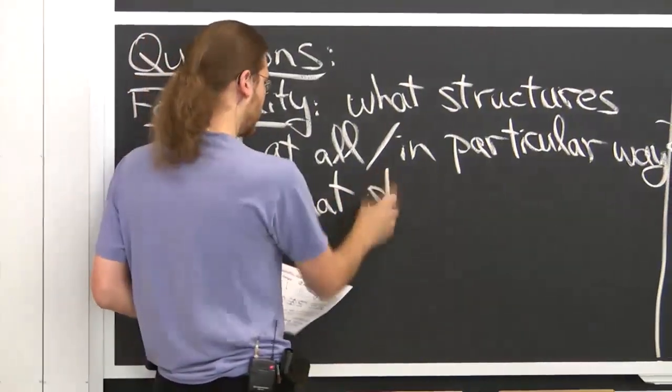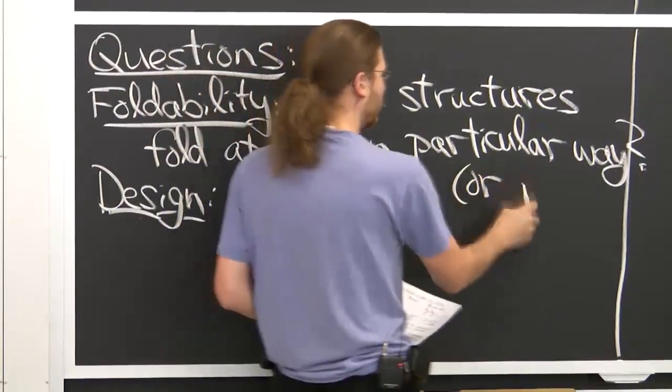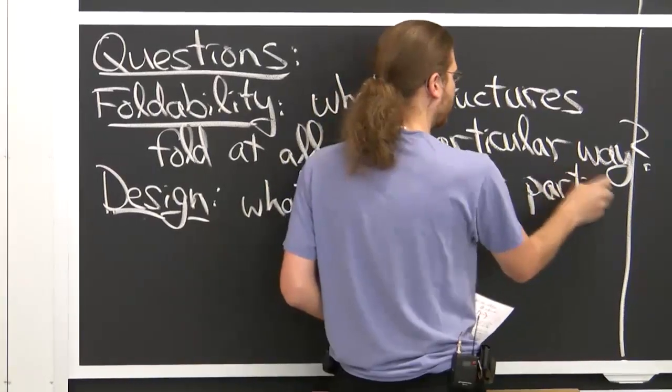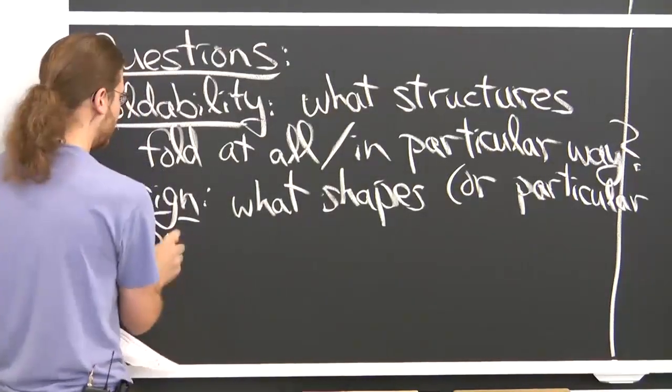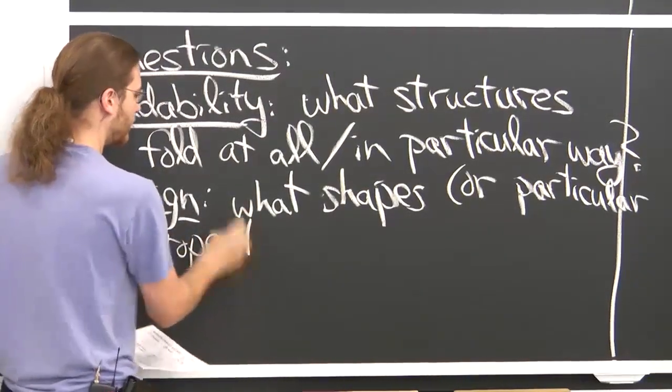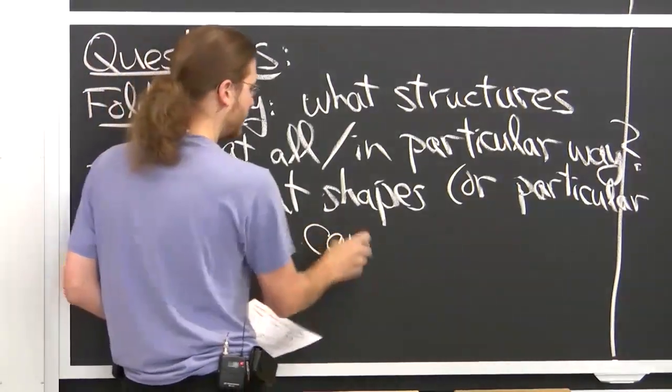So what shapes? Shape is one thing you might want, but in general, you have some property you want to achieve. Can you fold it?